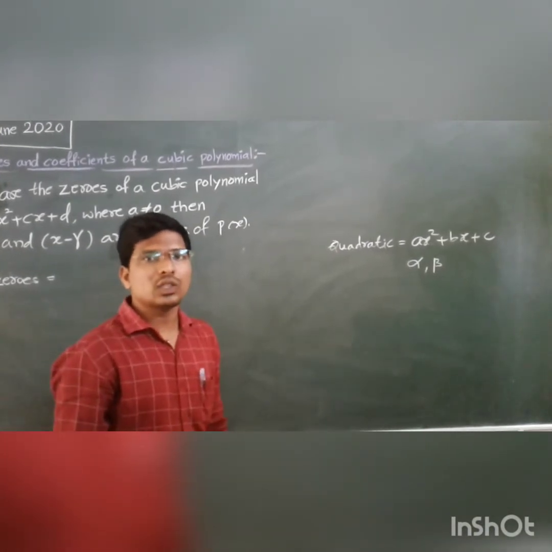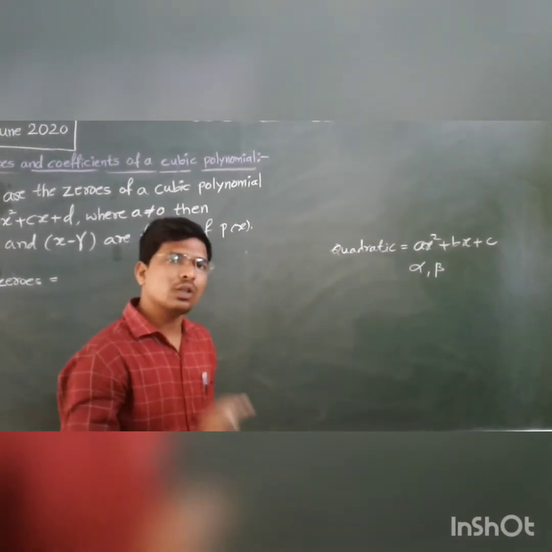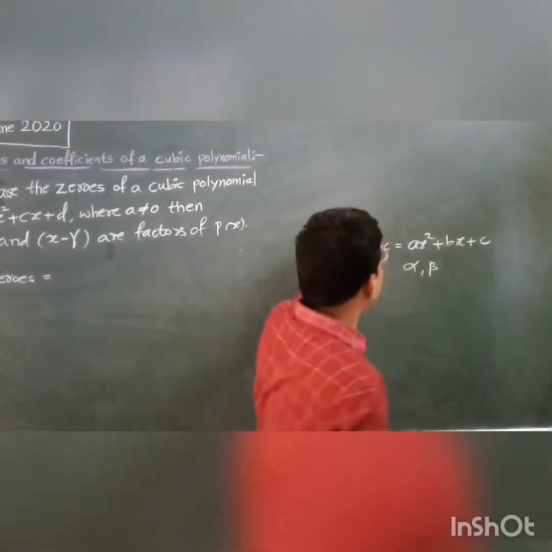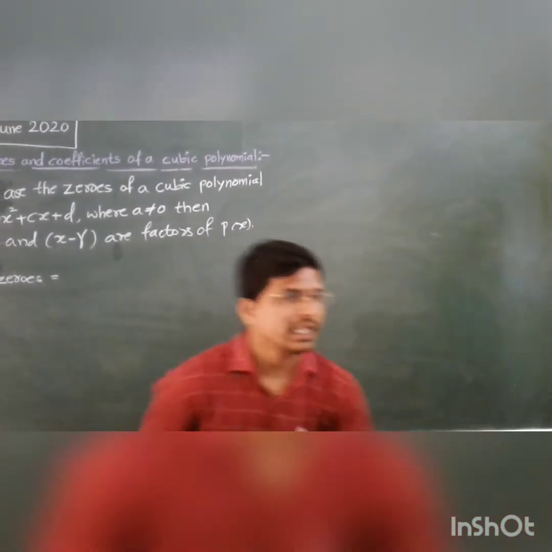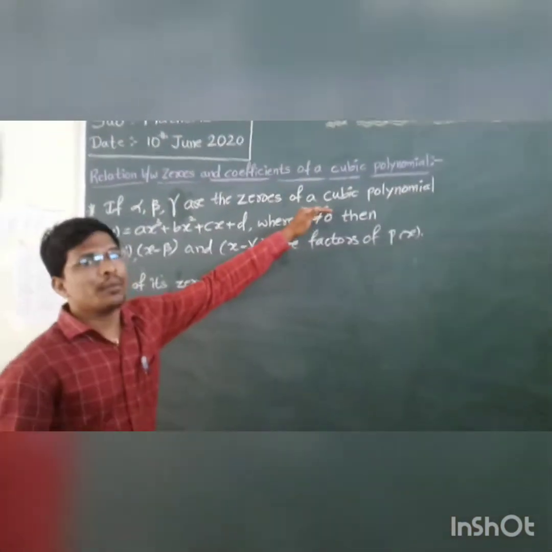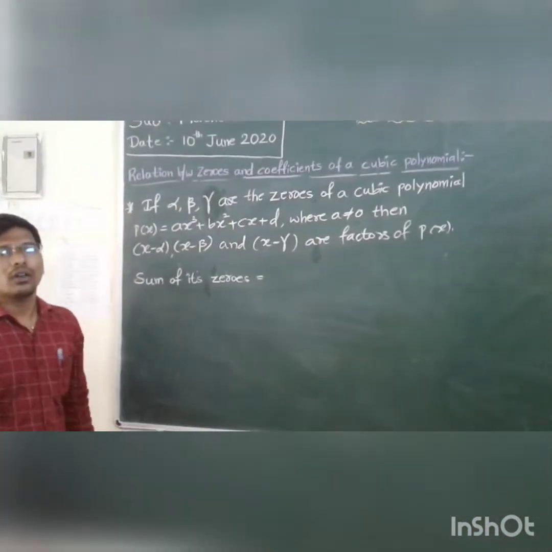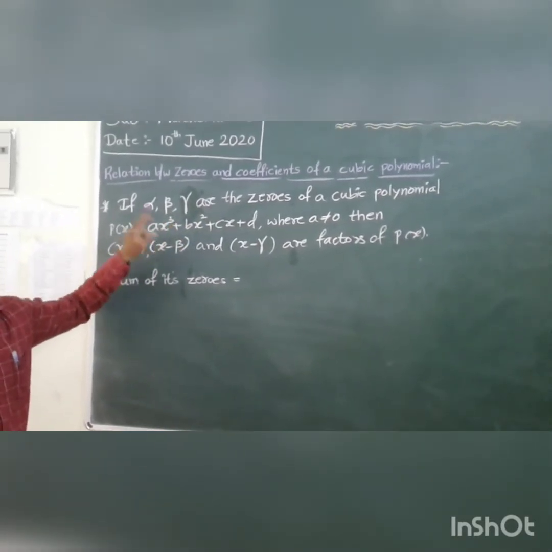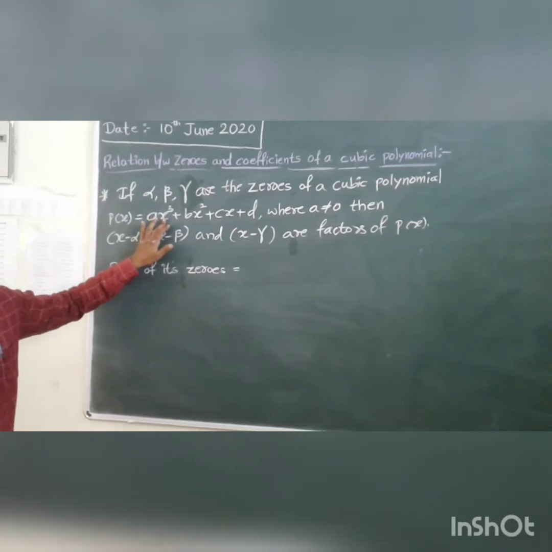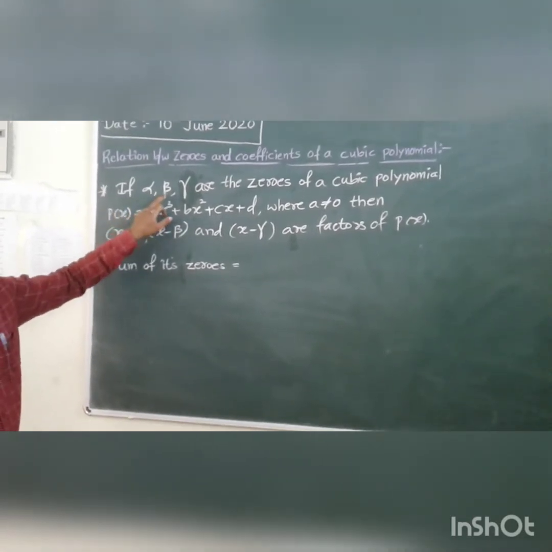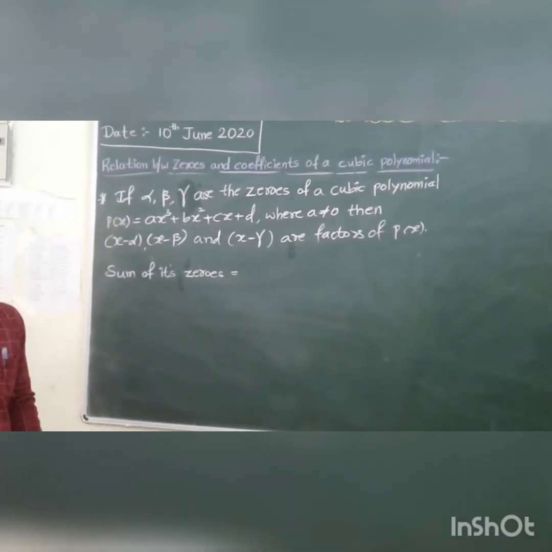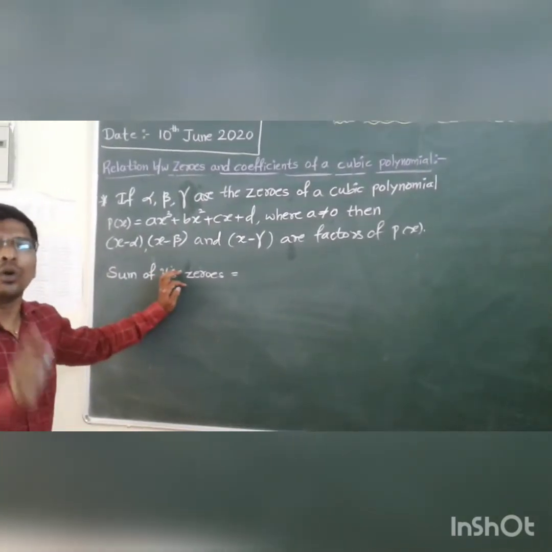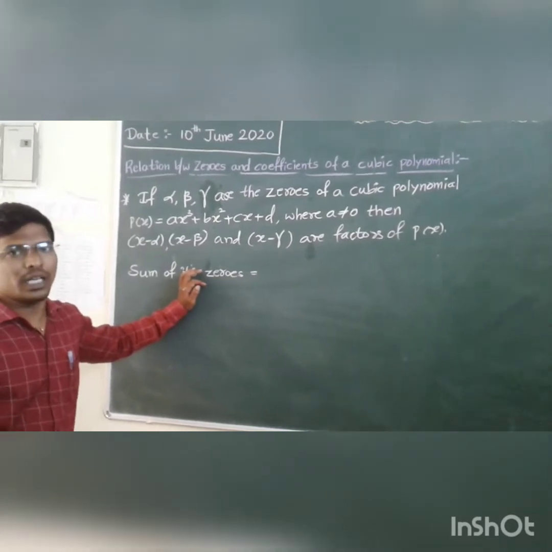If the degree is 2, the maximum number of zeros is also 2, those are alpha and beta. In the same way, the cubic polynomial has degree 3, so at most it will have 3 zeros: alpha, beta, gamma. A linear polynomial has degree 1, so it has only 1 zero, alpha only.